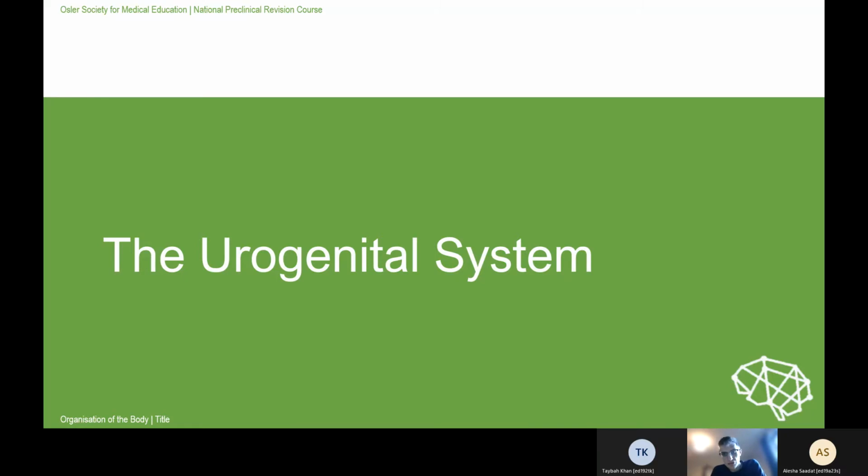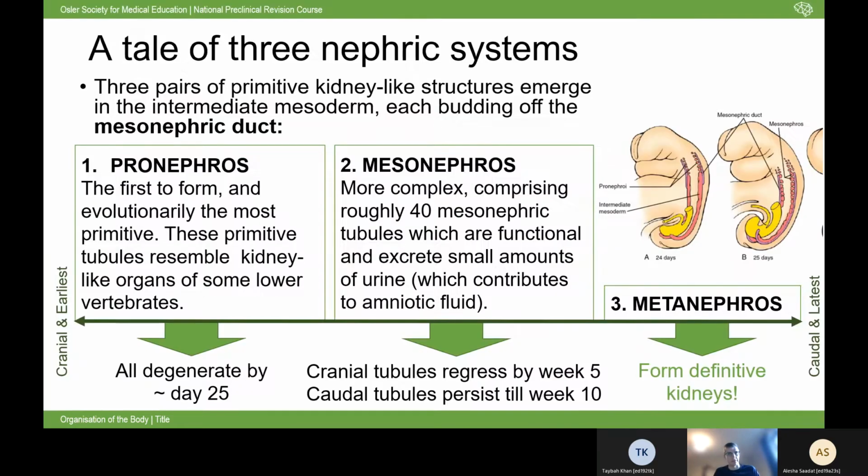Sticking with mesodermal structures, let's think about the urogenital system. Now we're moving into the intermediate mesoderm. We've dealt with the structures of the lateral plate mesoderm. We're moving into that intermediate part, which you'll remember from the picture I showed you earlier. Now you develop three primitive nephric systems, which is quite cool. You only need one.